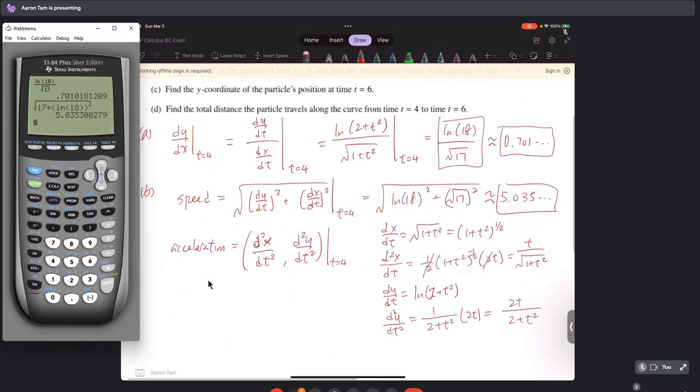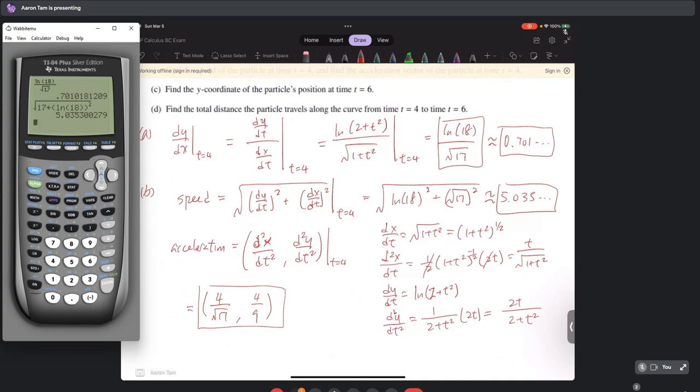If I evaluate at 4, it should be 4 over radical 17, and then 4 times 2 is 8, 8 over 18, so 4 over 9. And so here's my velocity vector, acceleration vector. All right, that took care of that.